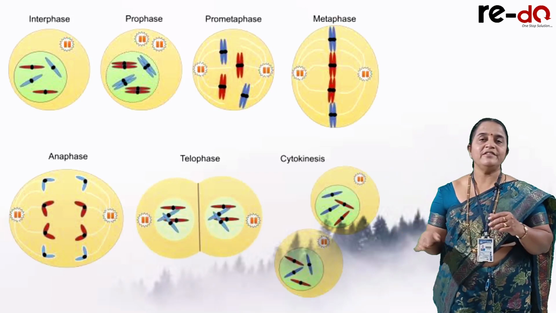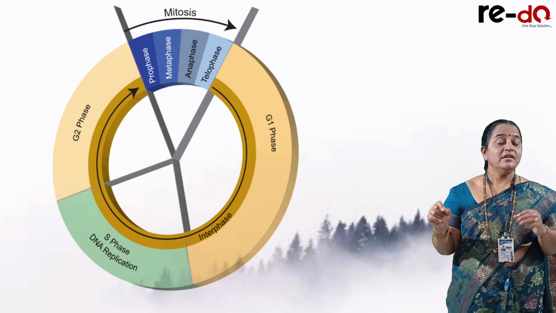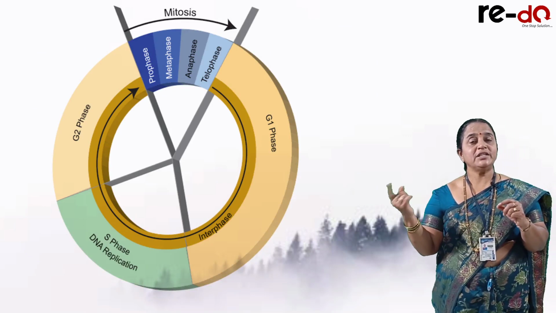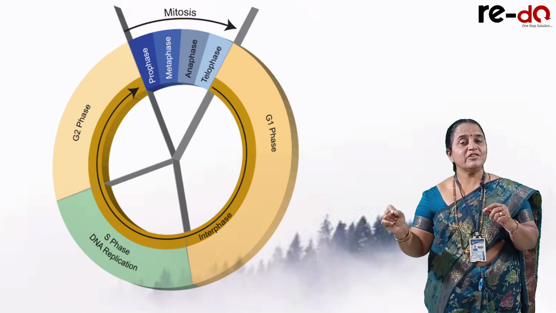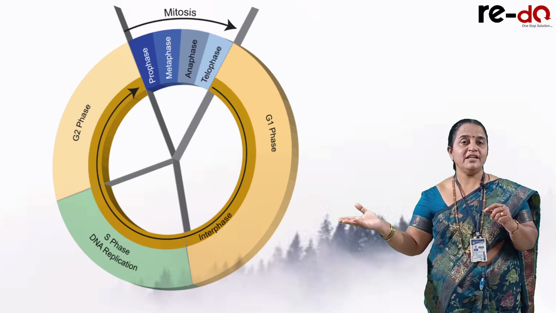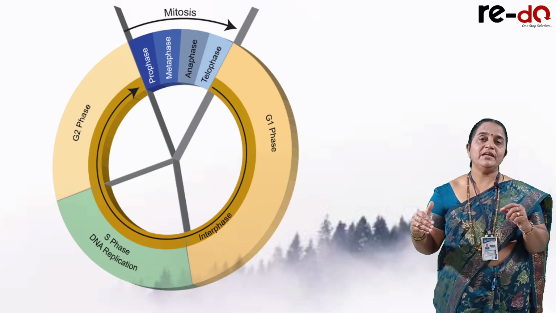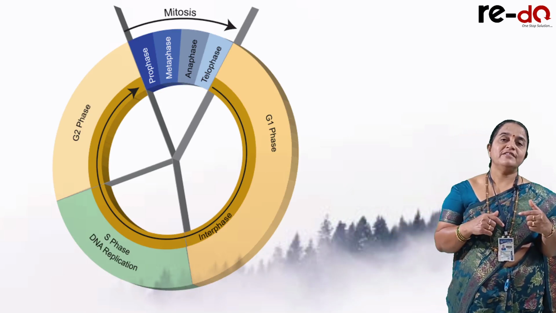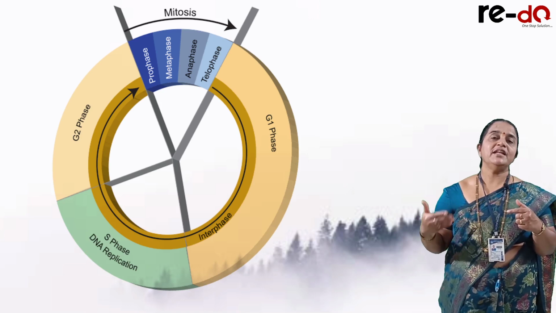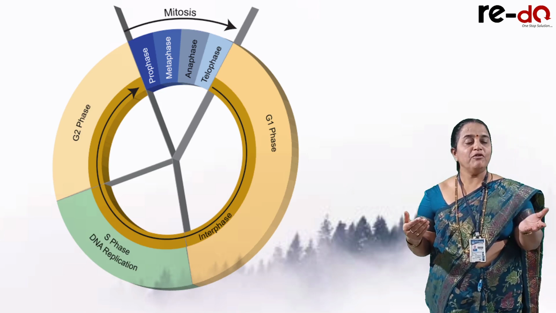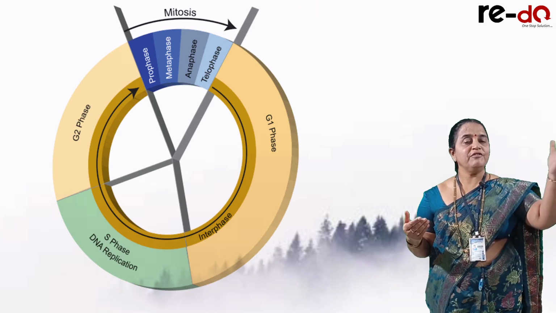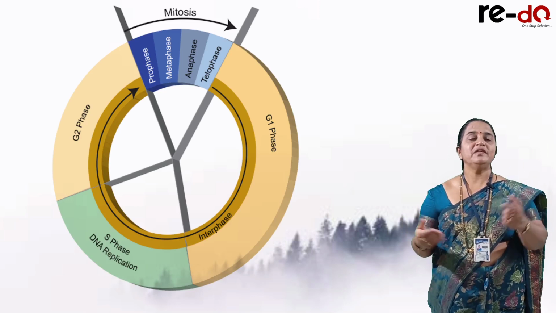the longest phase is the synthesis phase. So here actual DNA replication takes place. So synthesis stands for replication of DNA. And soon after replication, the G2 phase begins, because the newly formed DNA molecules will code for proteins which are necessary for cell division by producing RNA.